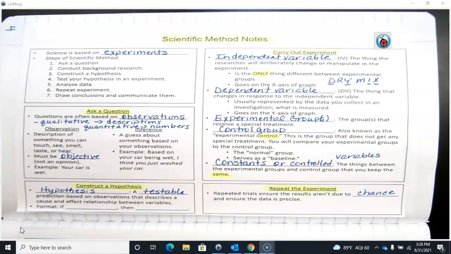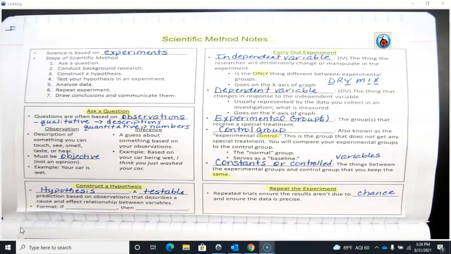Remember that questions are often based on observations, and observations can be qualitative or quantitative. Qualitative observations or data are going to be a written description, like green leaves.